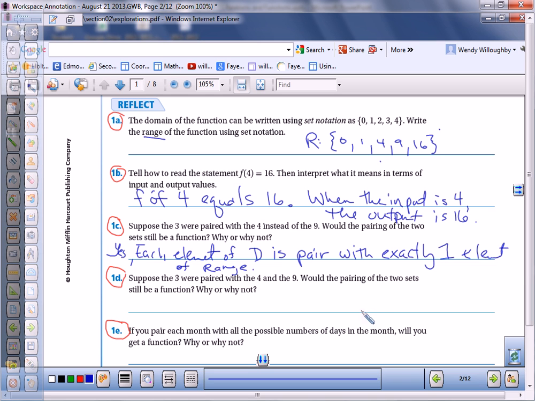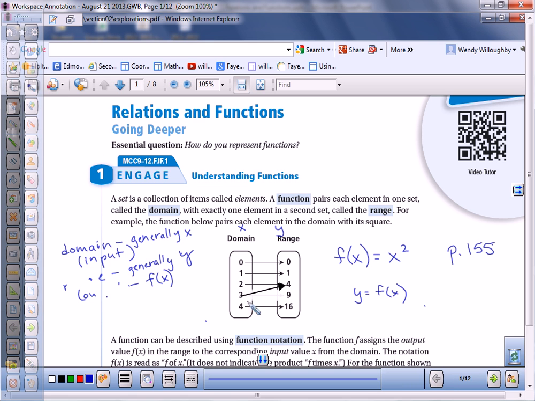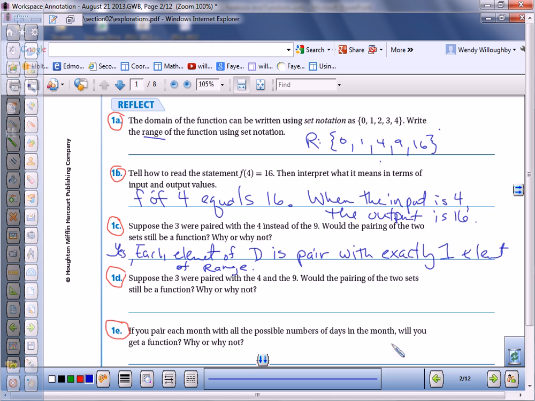Okay, now suppose the 3 were paired with a 4 and a 9. Okay, so it's not a function when an element of the domain is paired with more than one element of the range.